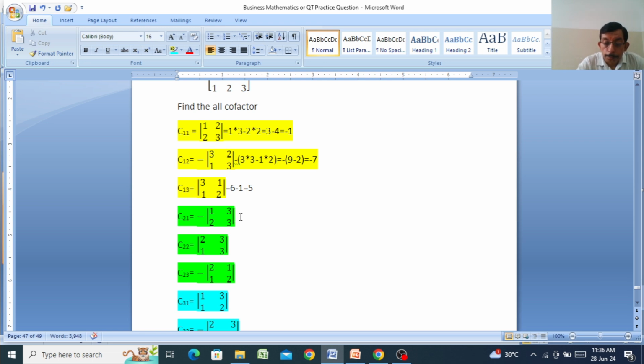Next, with the minus sign, the difference of the cross multiplication of the elements is 3 times 1 is 3 minus 3 times 2 is 6, which is equal to minus 3.